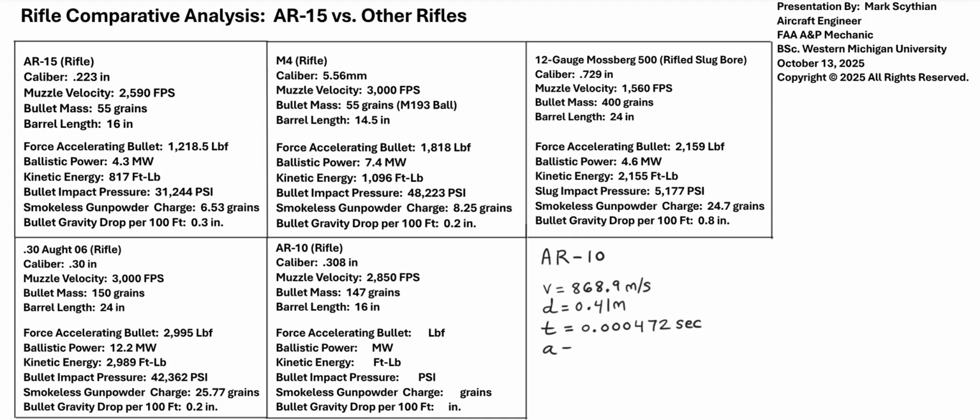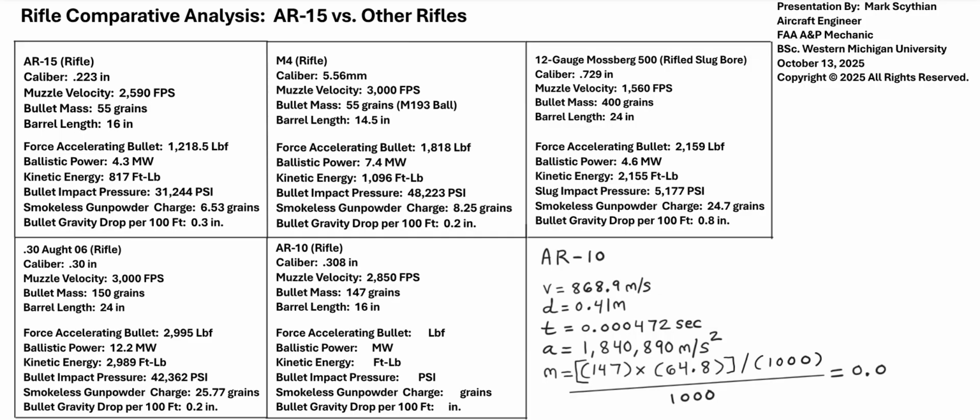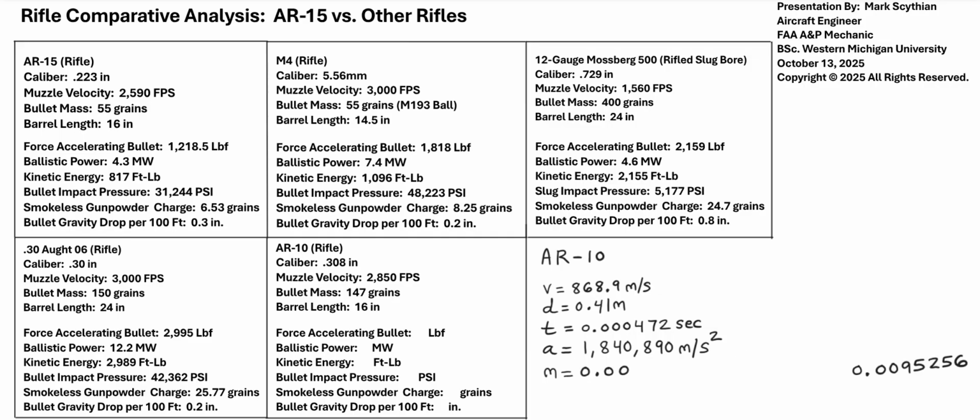So we use the same methodology to convert these values into the metric values for the scientific and engineering calculations. So then we can calculate the acceleration, firing time, distance, muzzle velocity, and the mass of the round in the standard metric values.